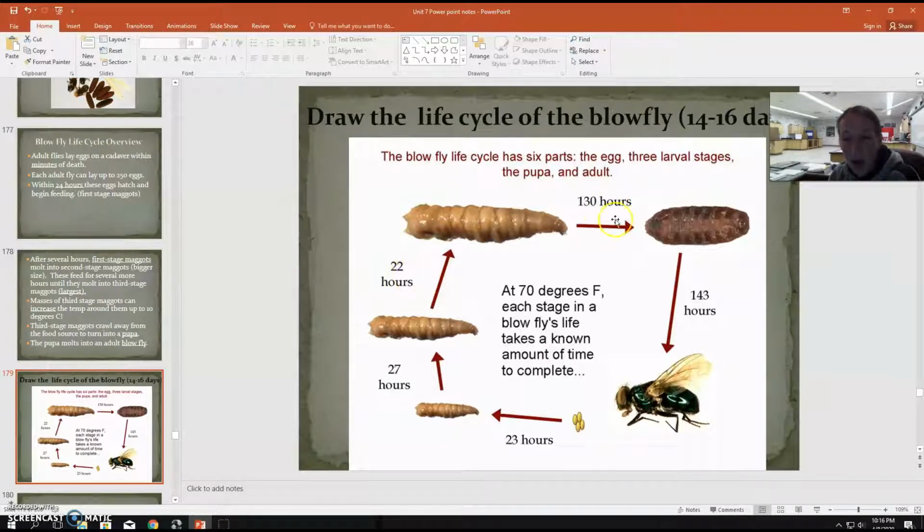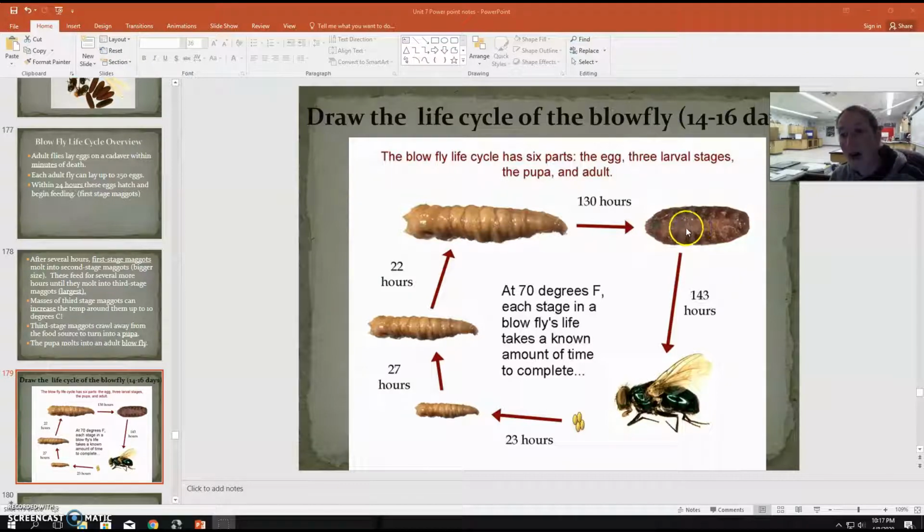Okay, a lot longer. And then to go to that pupa to hatch into the adult fly, we're looking at 143 hours. All right, so when we look at this, to go from that third stage larvae over to this pupa stage, this 130 hours, I mean, we're really looking at like 10 days. It's like 10.8, so 10 to 11 days for that pupa to form.